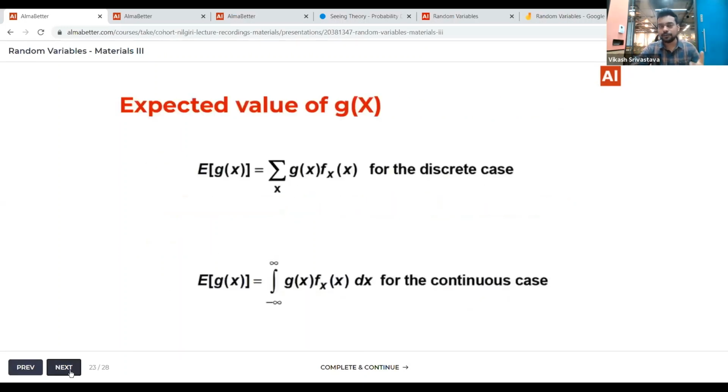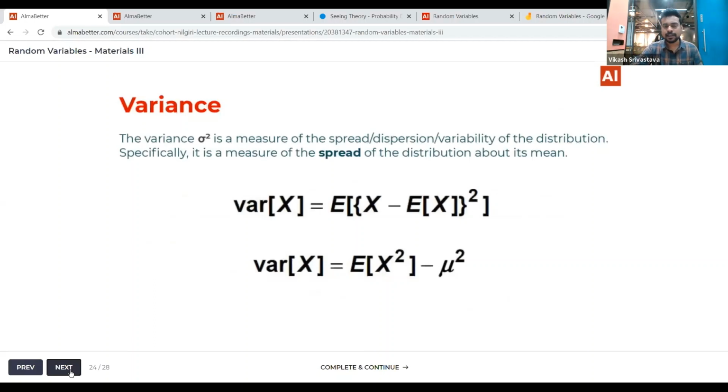We'll define how variance is defined, and you'll learn that the variance is nothing but the expectation of this weird looking term. We'll dig deep into this, and I want to spend a lot of time explaining why we say that variance is a measure of spread of the distribution about its mean, and why this formula looks the way it does.